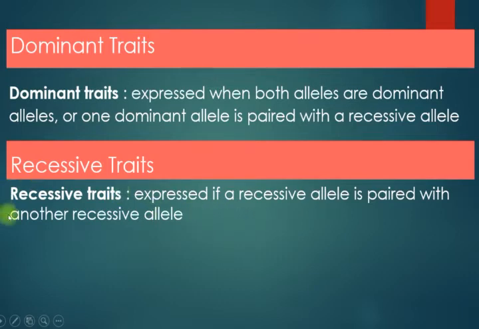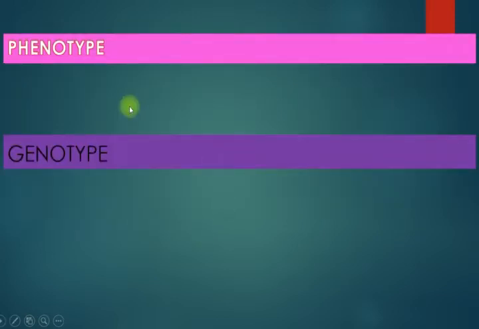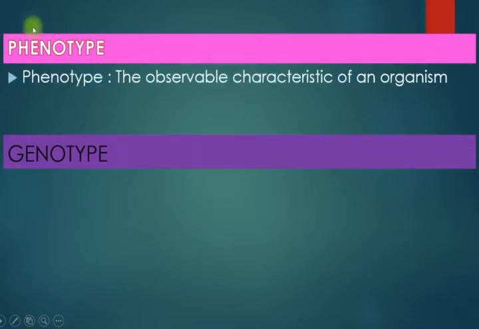So what is the recessive trait? It is the trait that is expressed if a recessive allele is paired with another recessive allele. Next we go to the phenotype. Phenotype refers to the observable characteristics, ciri-ciri yang boleh diperhatikan ataupun boleh dilihat, of an organism.